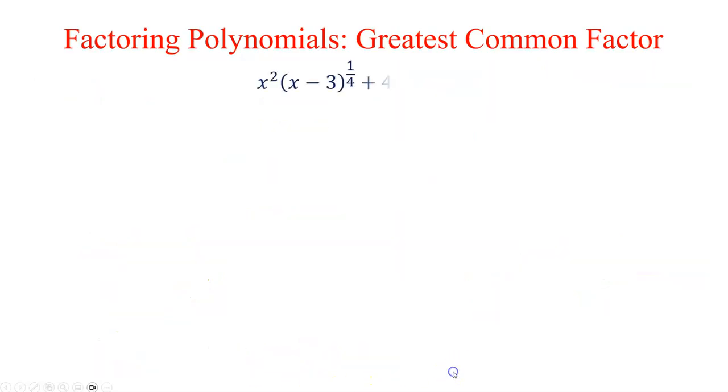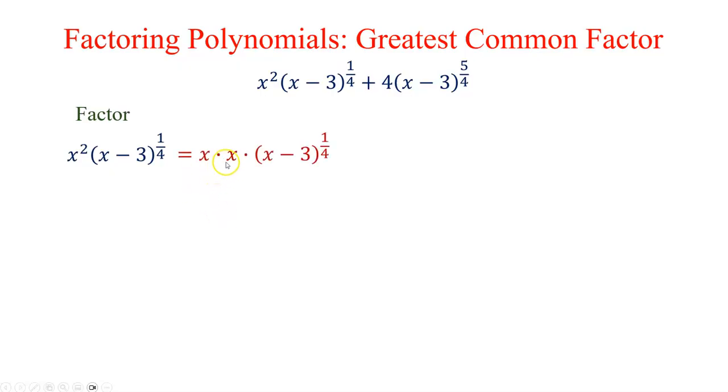So now we'll look at a more involved problem. We'll do the exact same thing we did before. First I'll put it in factored form. So my first expression of x squared times x minus 3 to the 1/4, actually in expanded form is simply x times the x minus 3 to the 1/4.